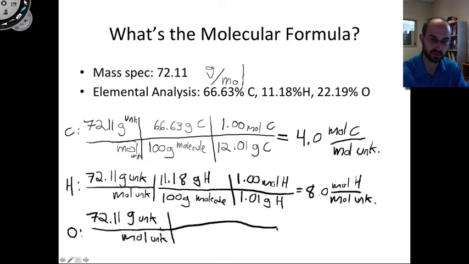Again, start from the molecular weight, draw your line here. 22.19% oxygen. 22.19 grams of oxygen per 100 grams of the unknown molecule. 1 oxygen atom per 16.00 grams.